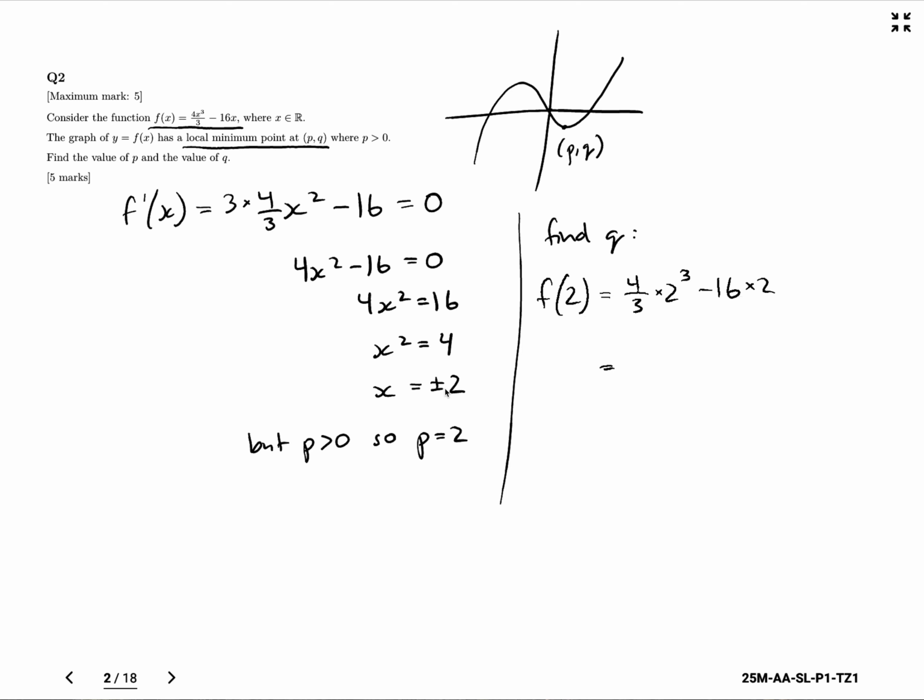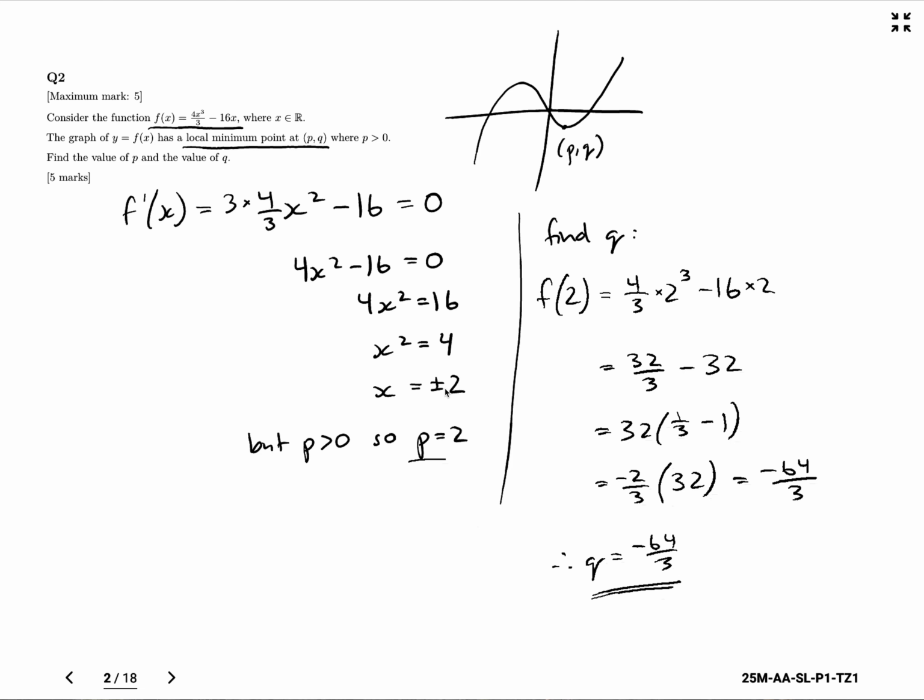So 2 cubed is 8, 4 times 8 is 32, minus 32. So we could factorize this to make it easier to see that this is actually negative 2/3 of 32, and that's minus 64 over 3. So that means that q is negative 64 over 3. And p was equal to 2.